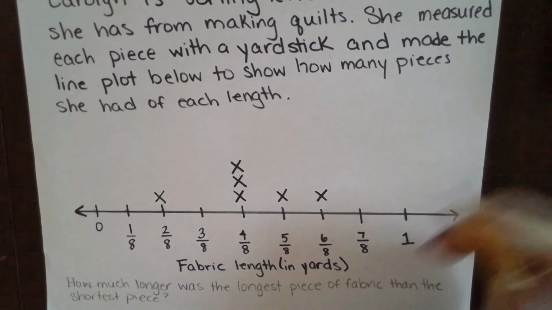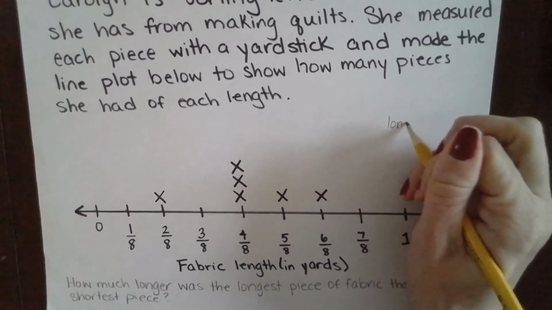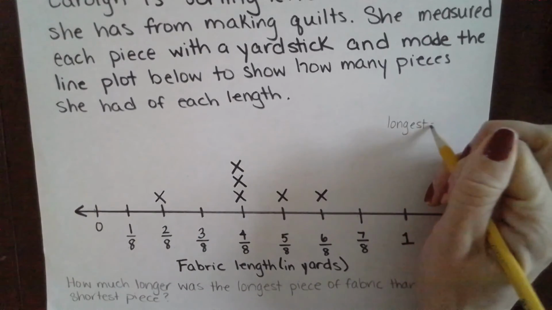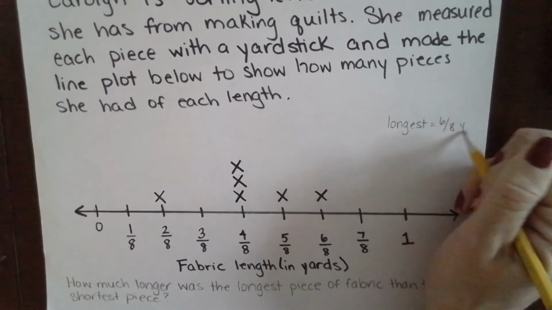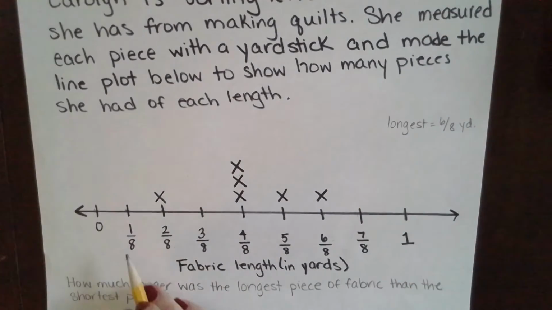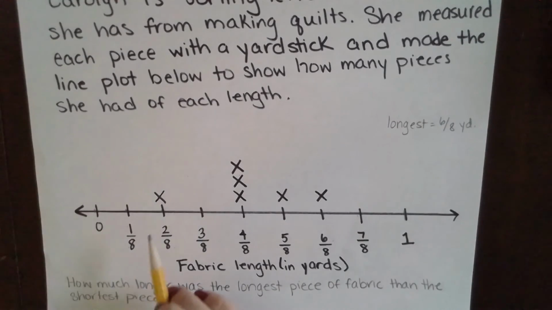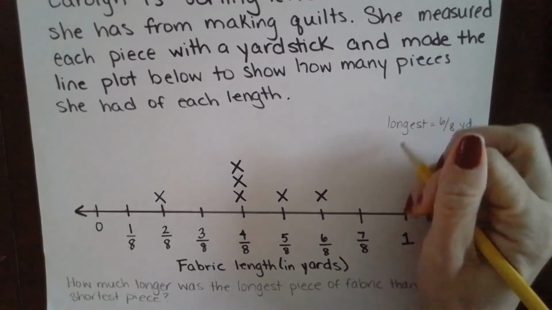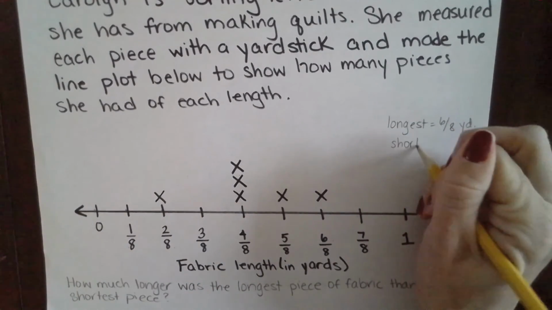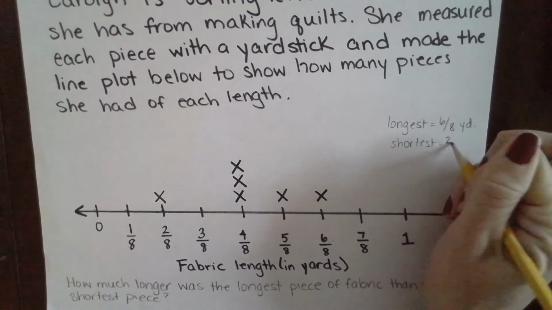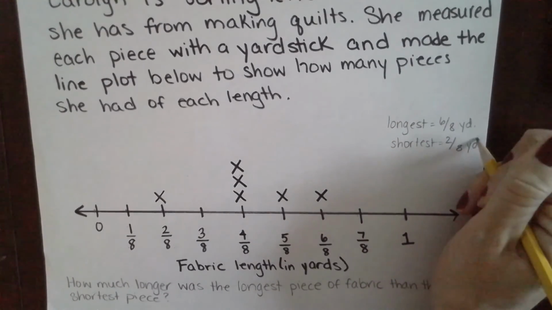The longest piece of fabric, even though the plot goes up to the whole yard, no longer says the longest piece of fabric is 6/8 of a yard. It does go down to 0, but there's none that were 0 and none that were 1/8 of a yard. The shortest piece is 2/8 of a yard. Okay.